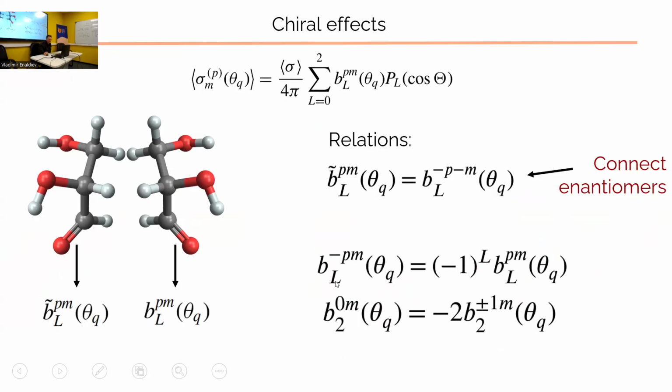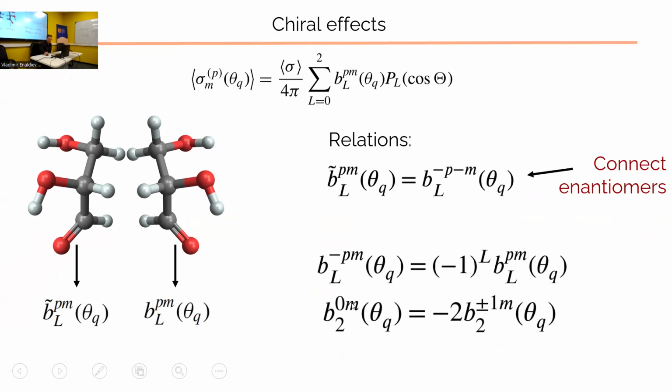Okay, this is one of the main relations, and there are also others. For example, if we change the polarization of the photon from -1 to +1, so for example from a left polarized photon to a right polarized photon, then even coefficients B don't change, but odd coefficients change the sign.